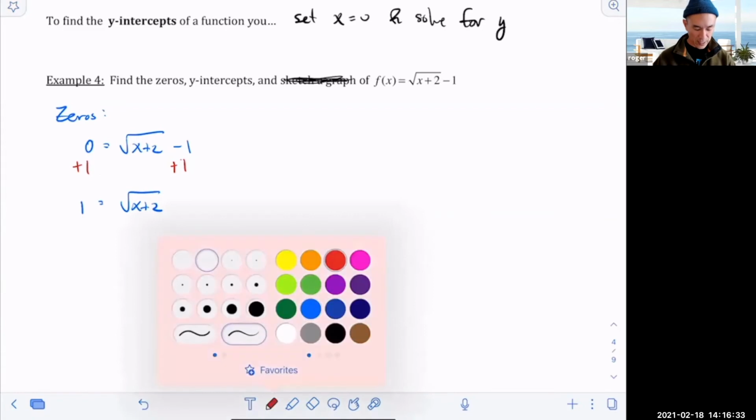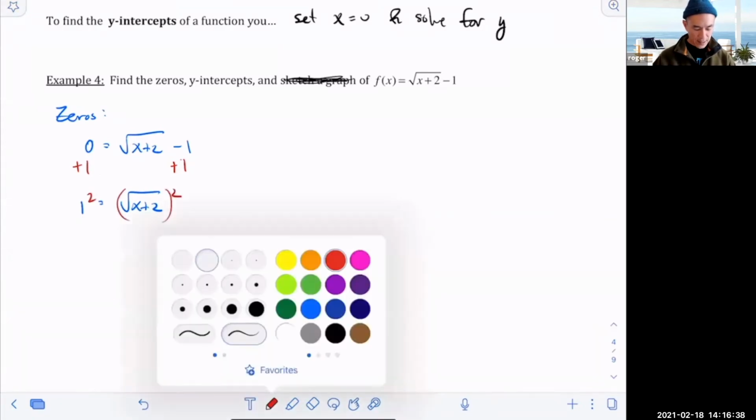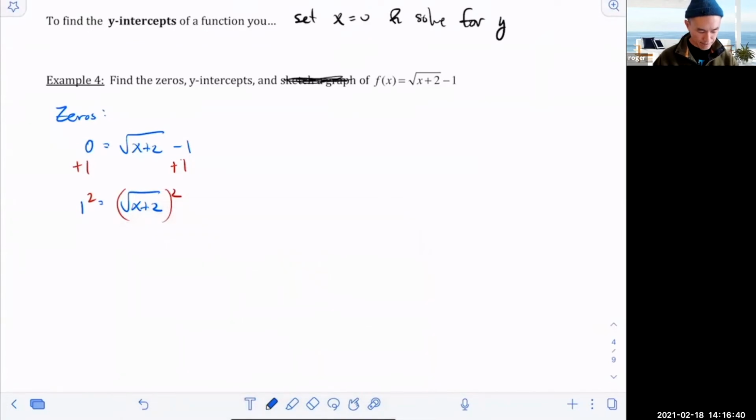Well, we're going to square both sides. So we square this guy and we square this guy. And then this tells us that we get 1 is equal to x plus 2. And this tells us that x is equal to -2. Wait, I just somehow wrote x plus 3 there. Sorry. So we subtract 2 from both sides.